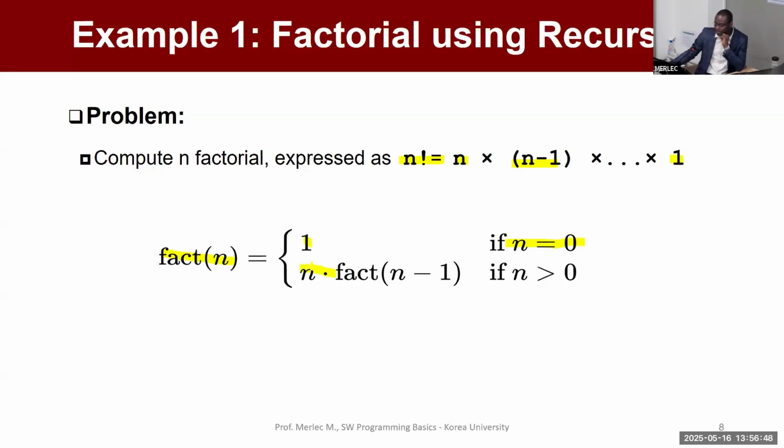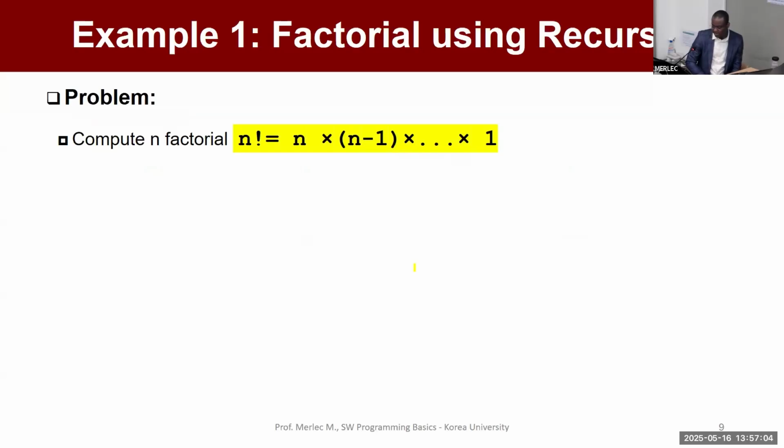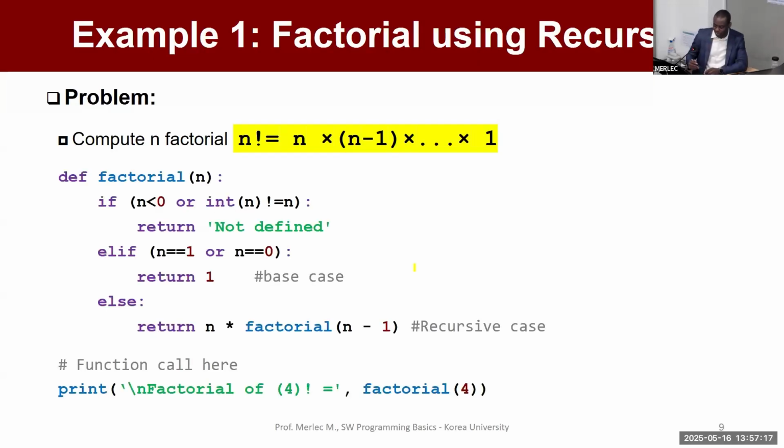We repeat this second case until we reach the base case, n equal to 0, which gives 1 as a result and is the exit point from the factorial function. Let's now see how we can implement this mathematically defined function as a Python function.